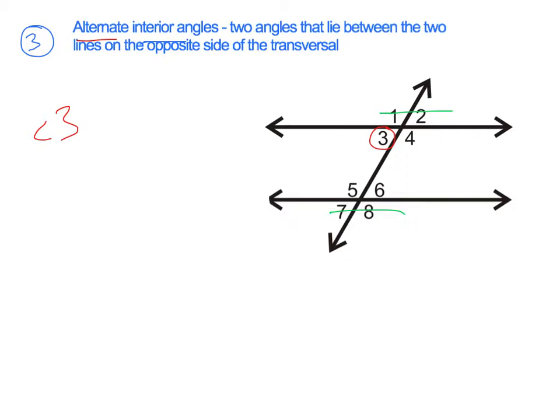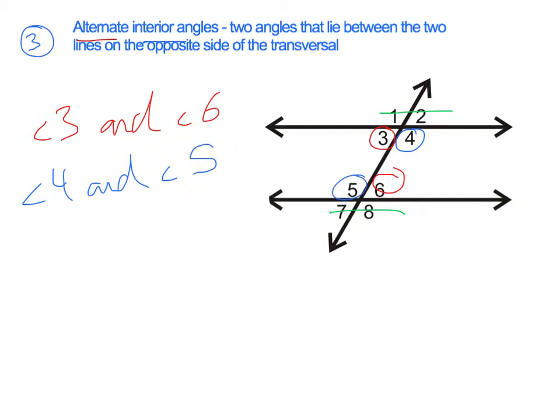Well, alternate is going to be like the other way, so it's going to be on the other side of the transversal, and it's going to be an interior angle. So 6. All right, so angles 3 and 6 are alternate interior angles. So then you could probably deduce that angle 4 and angle 5 are also alternate interior angles.